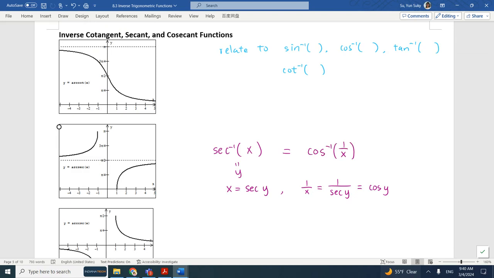So if you're not familiar with arc secant or arc cosecant, it's okay. You can transform it in terms of arc cosine or arc sine. Similarly, if you see arc cosecant, any guess?